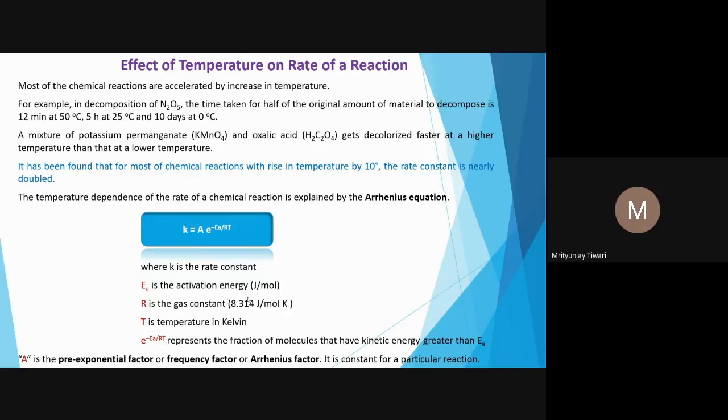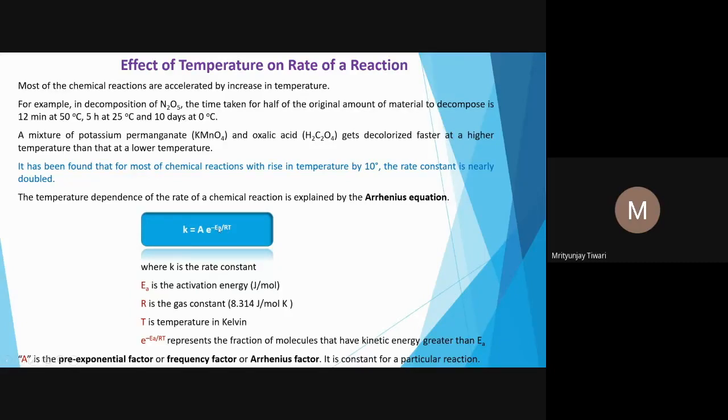And A, this capital A, is called the pre-exponential factor, because it comes before the exponential. We also call it the frequency factor or Arrhenius factor. This pre-exponential factor, or frequency factor, or Arrhenius factor, is constant for a particular reaction.